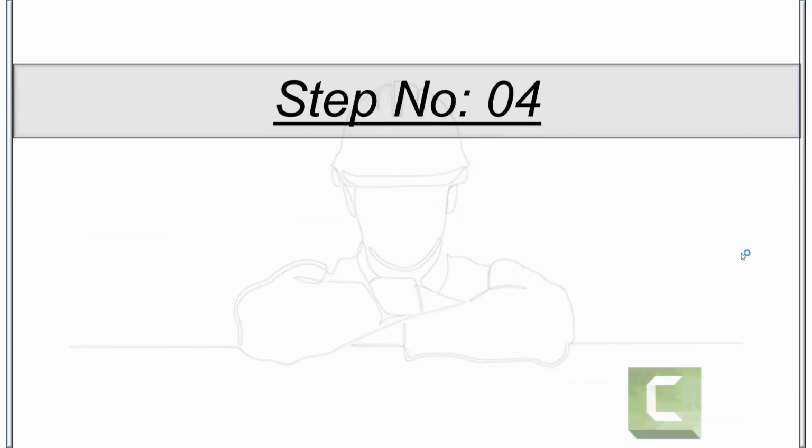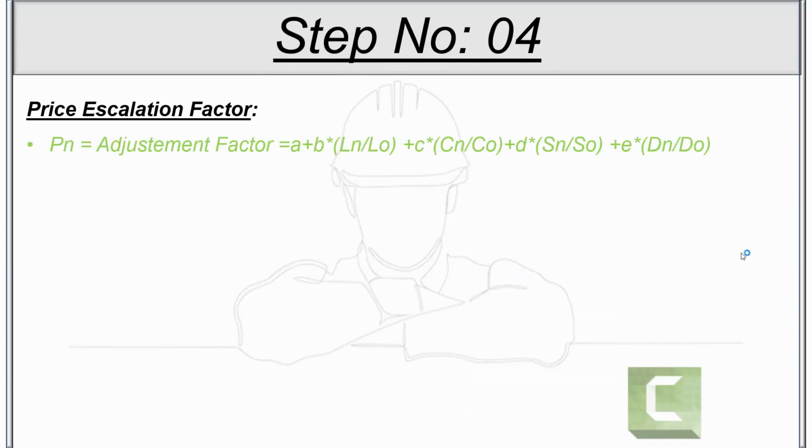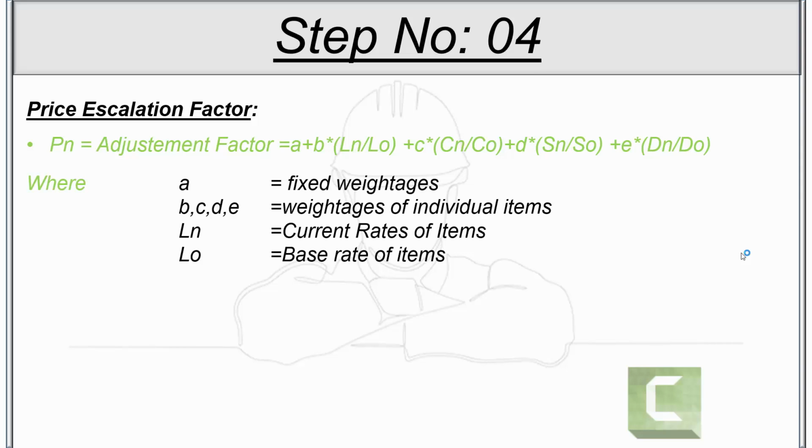This is the adjustment factor formula. A is fixed weightage, B is weightage of an individual item, L is the current rate of that item, and L0 is the base rate of that item. Adjustment factor minus 1 is the escalation factor.